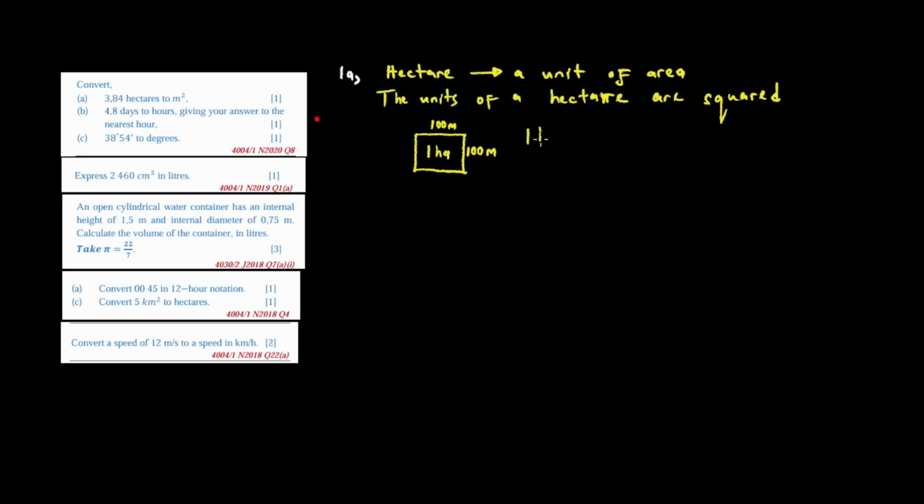Kureva kuti 1 hectare is a unit of area which should have its units squared is going to be equal to 100 meters times 100 meters. Of which if we multiply 100 times 100, we get 10,000 square meters, like this.